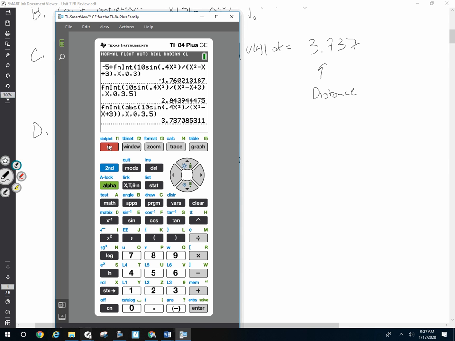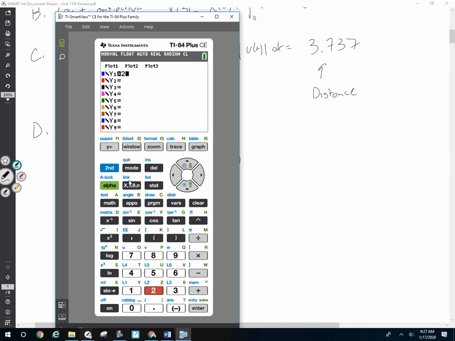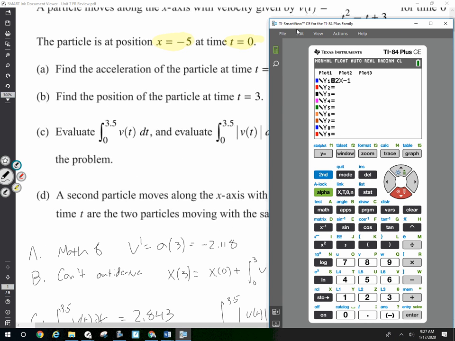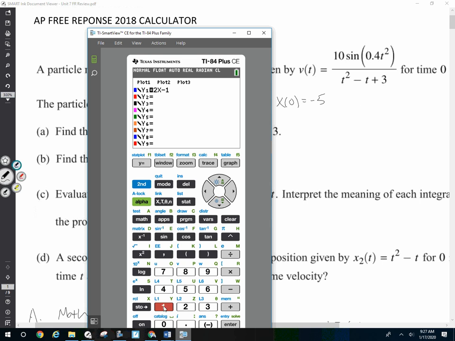So in my calculator, 2t minus 1, and then 10 sine 0.4 t squared, close parentheses, divided by. You don't need the numerator in parentheses because it's multiplication. If it was addition, you need the numerator in parentheses. t squared minus t plus 3.